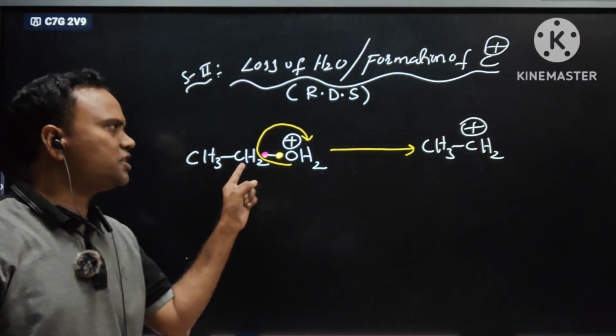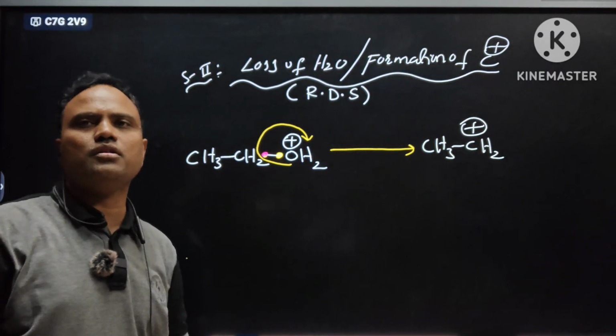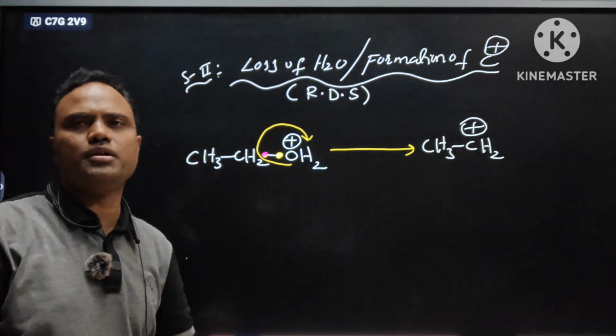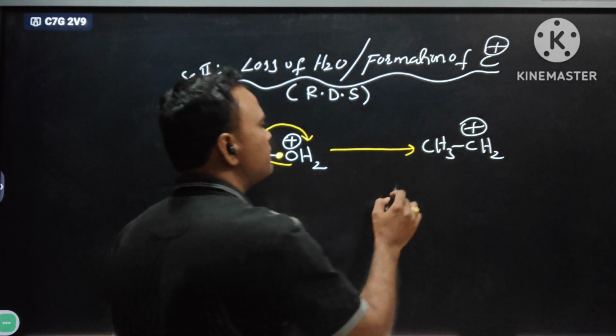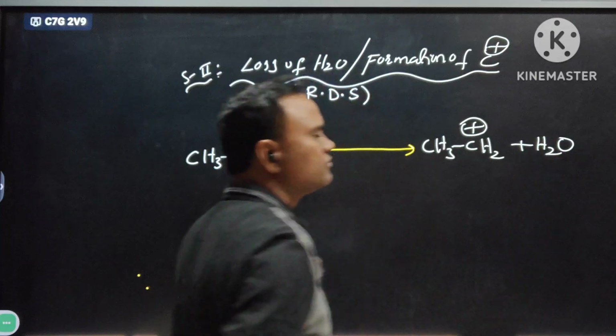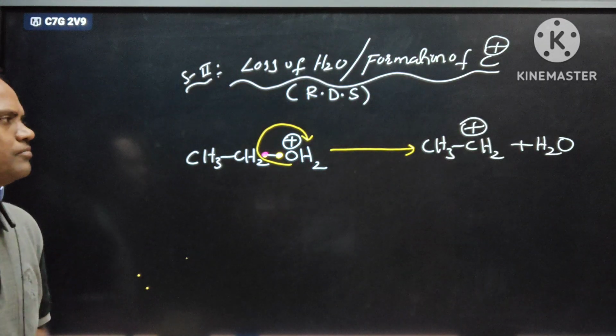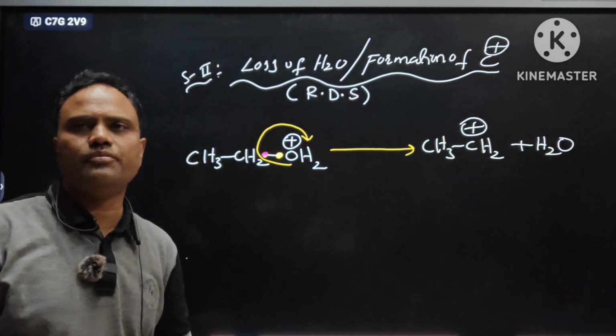Why is this carbon getting positive charge? Because carbon is losing its electron. The pink dot belongs to carbon, and that electron is going. Plus H2O. Got it, all of you? Is this step clear for everybody?